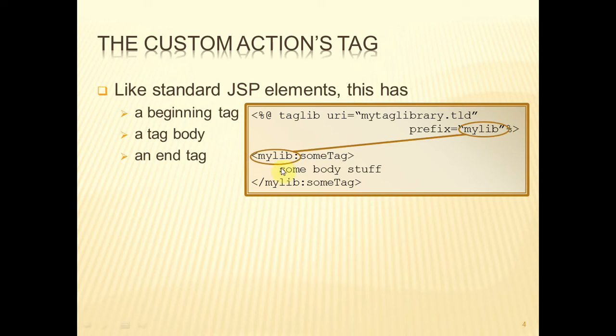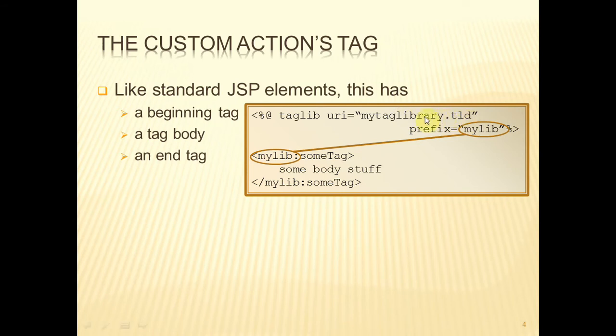We have in the Java server page, first of all up here, a tag lib, which is a directive. One of the three directives that we just haven't looked at yet because the time wasn't right. Today's the day. So we have in this tag lib directive a URI, which is the address of the tag library descriptor.